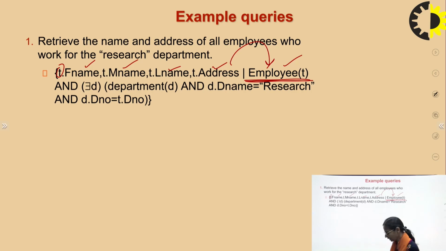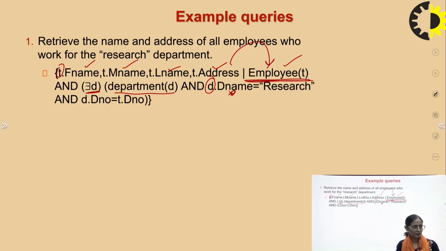And what is my condition now? The condition is: there exists a tuple D, and this tuple D is coming from the range department D, and D dot name, that is the department name, is equal to research. Now my tuple is D in this case, because I am referring to the relation department.